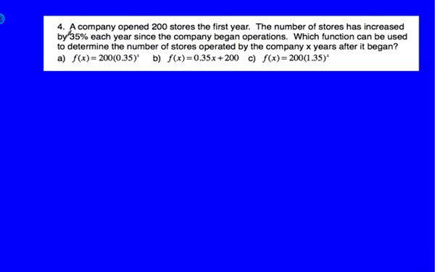Because our problem has a percentage in it, that tells us we're going to be dealing with an exponential. So we need to remember that an exponential is always going to look like f of x equals a times b to the x, where a is the starting value, b tells us about our rate, and x tells us about our time.